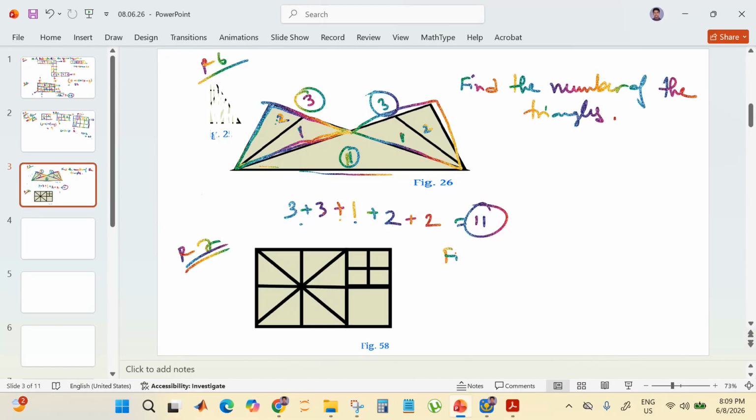And here it is find the number of the squares.